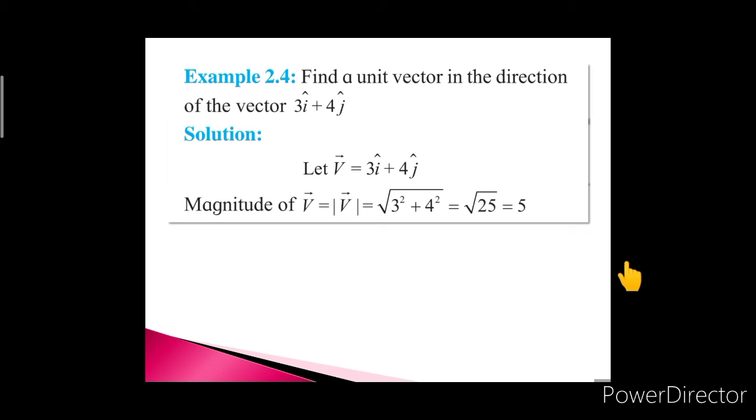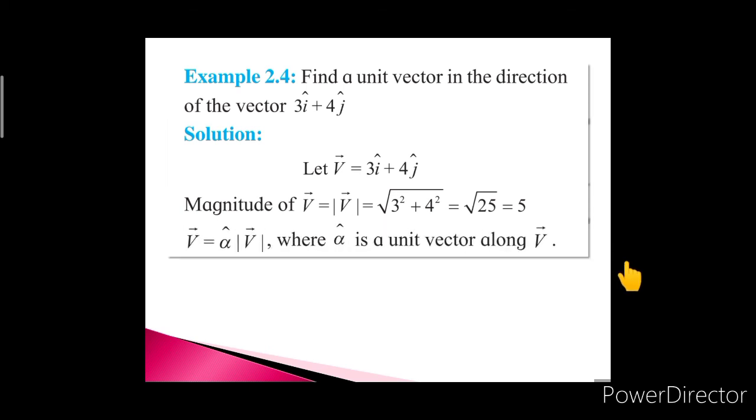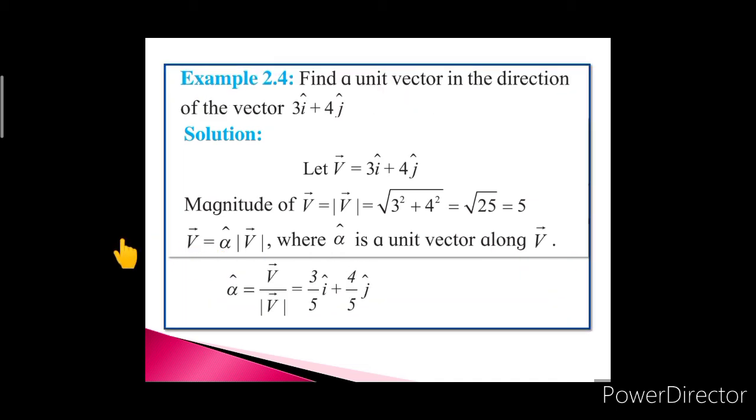Now let's write down the equation. The vector v is written as the product of the magnitude of the given vector and the unit vector. So we can write vector v is equal to alpha cap into magnitude of vector v, where alpha cap is the unit vector along vector v. Now let's substitute the values.